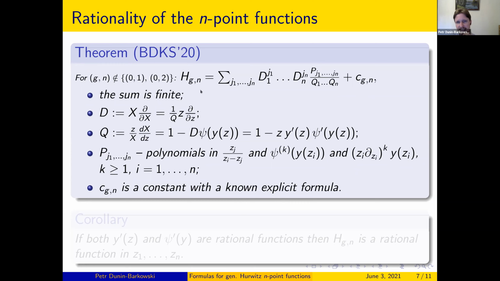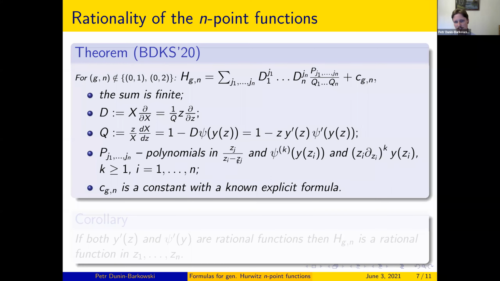So the theorem is that these n-point functions, after you apply the change of variables, this change of variables which I mentioned on the previous slide, you get a formula like this, which for given g and n becomes a finite sum, where the P, J1 and so on, Jn are finite polynomials in these building blocks.